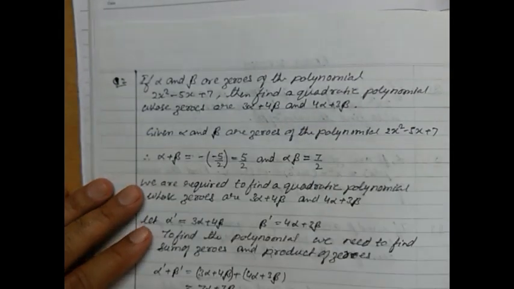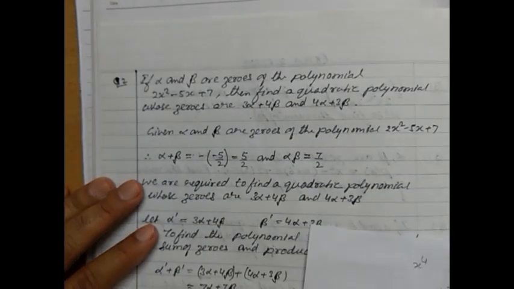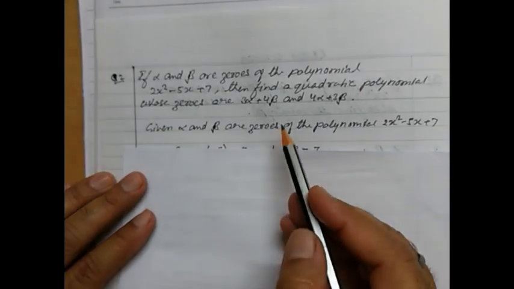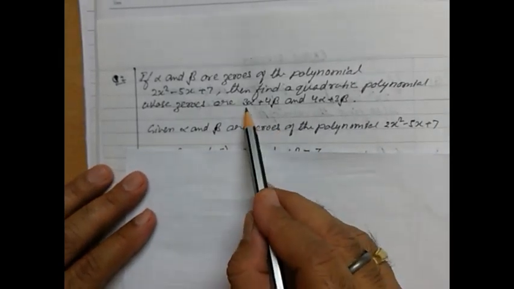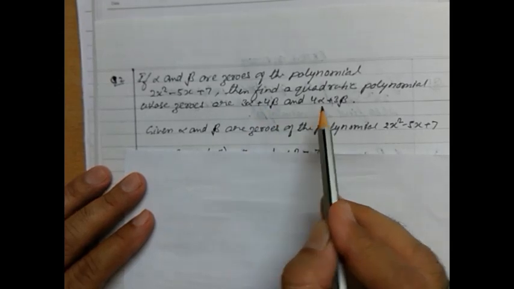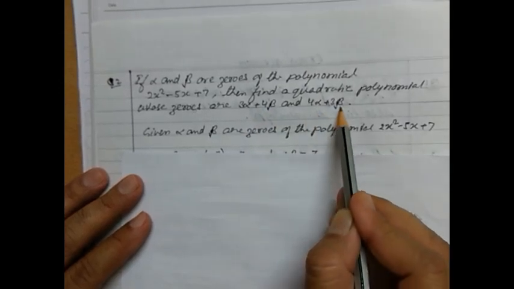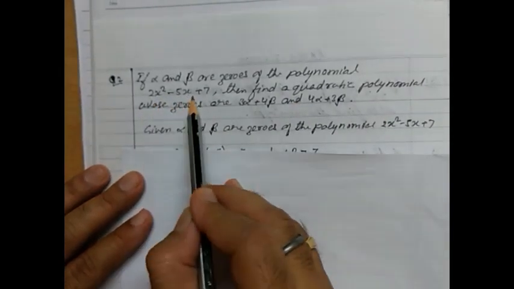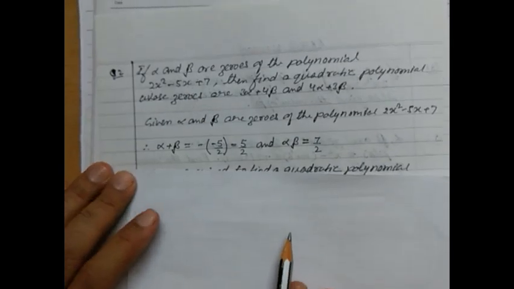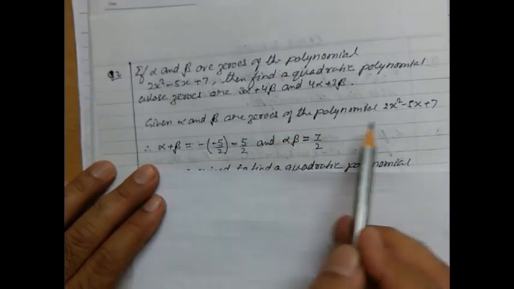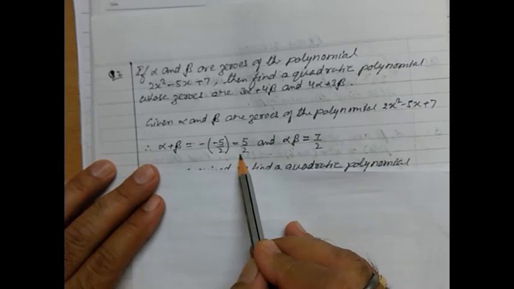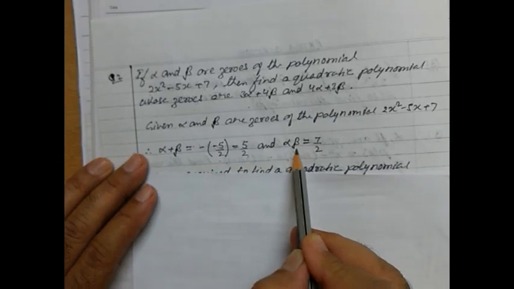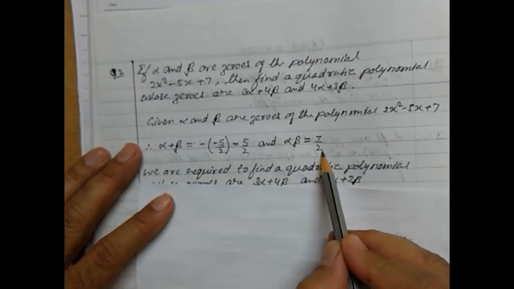Now in this case, we need to find another polynomial whose zeros are 3 alpha plus 4 beta and 4 alpha plus 3 beta. So here our zeros are what? Alpha and beta. So we will find the sum of zeros by comparing with the coefficients of x square and x. So here we will get 5 upon 2, and the product of zeros, that is 7 upon 2.